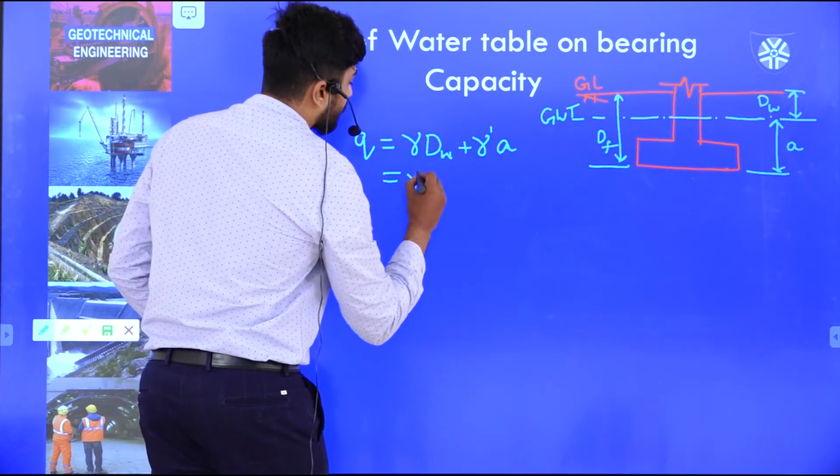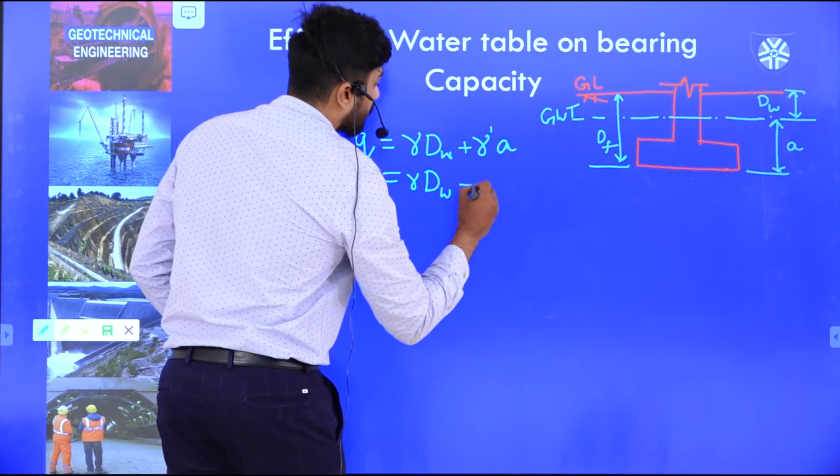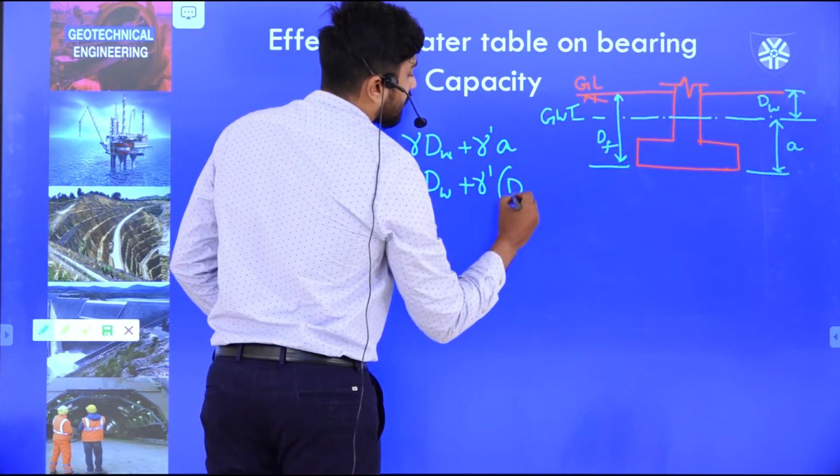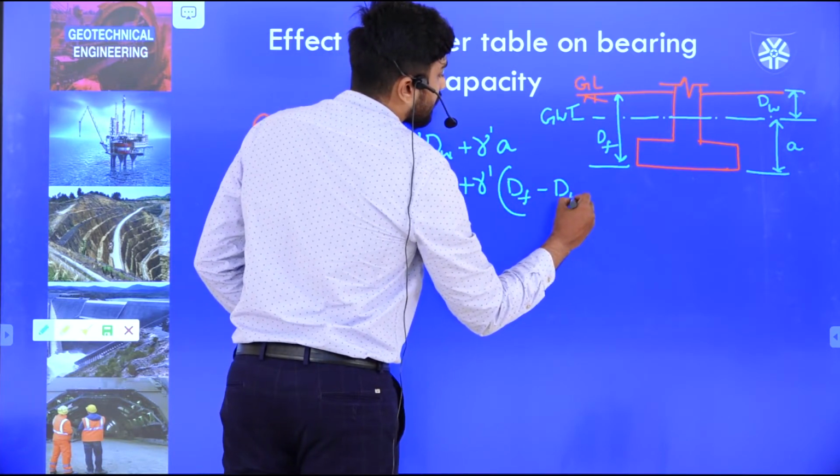Upon further simplification, this is gamma Dw plus gamma dash into (Df minus Dw).